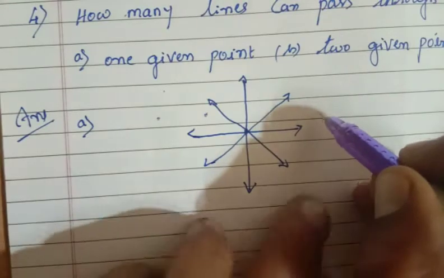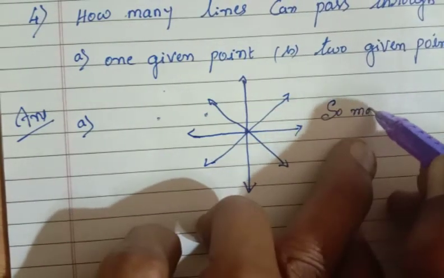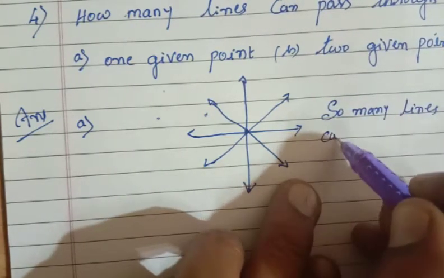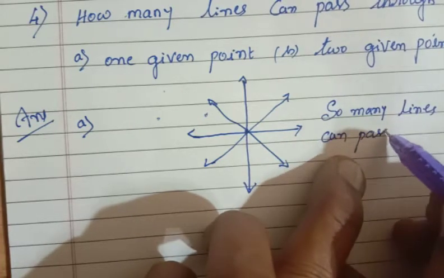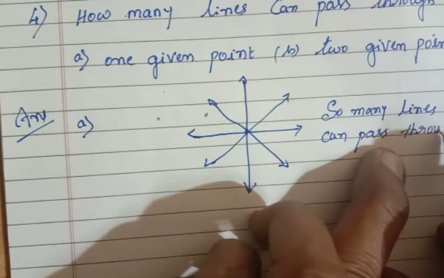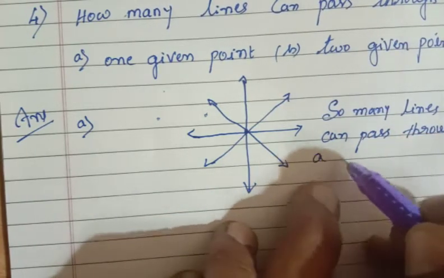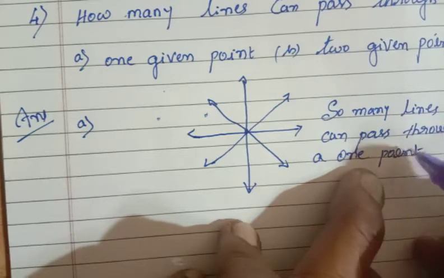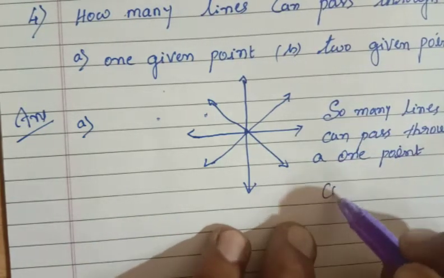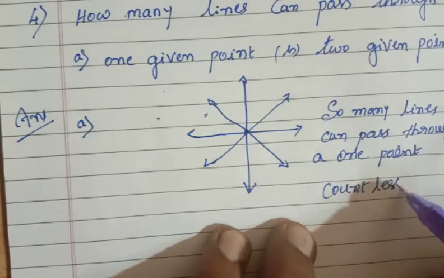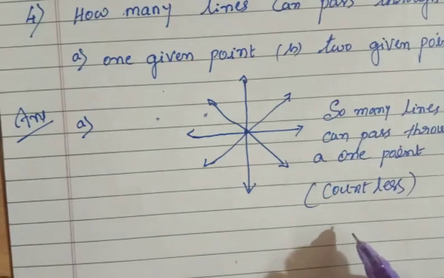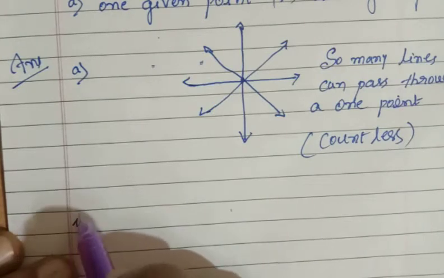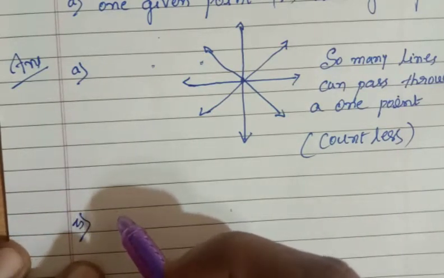So the answer is countless, a countless number of lines can pass through one single point.